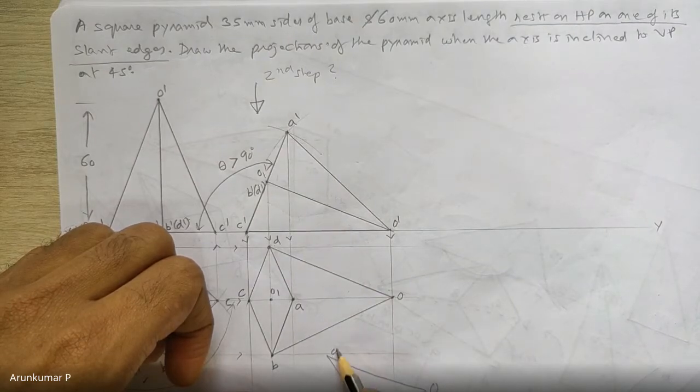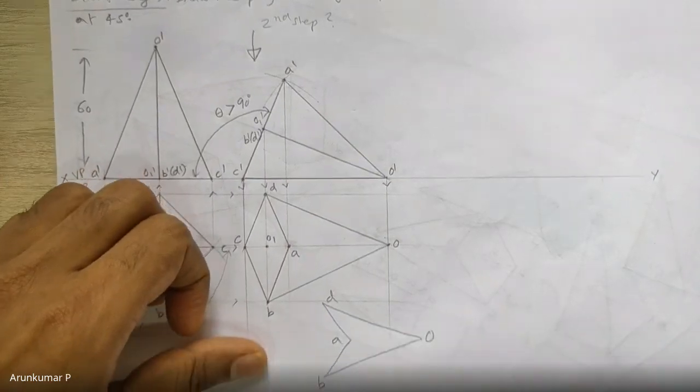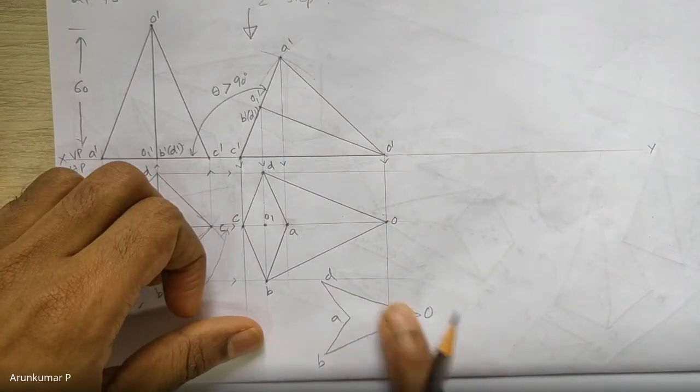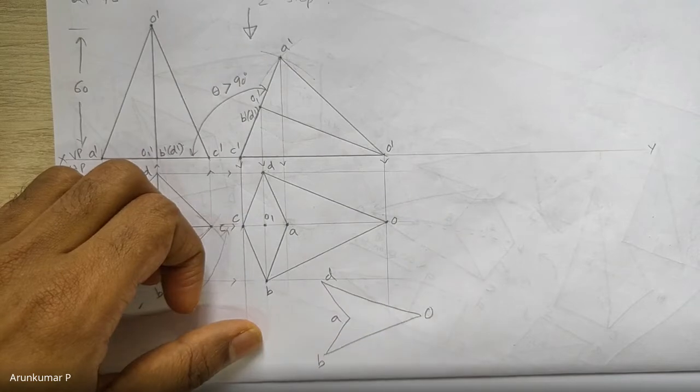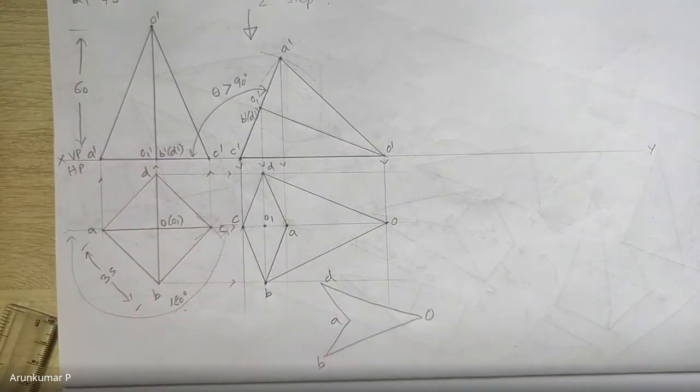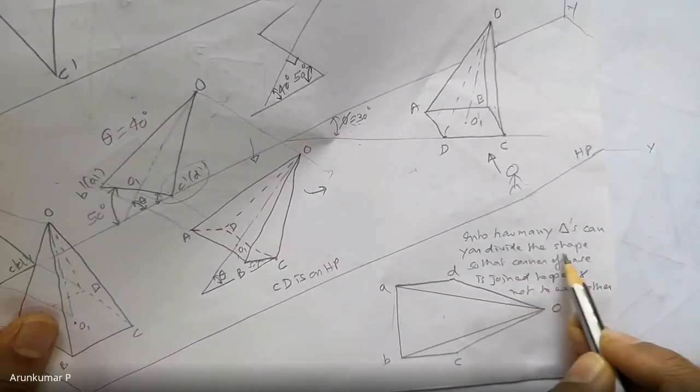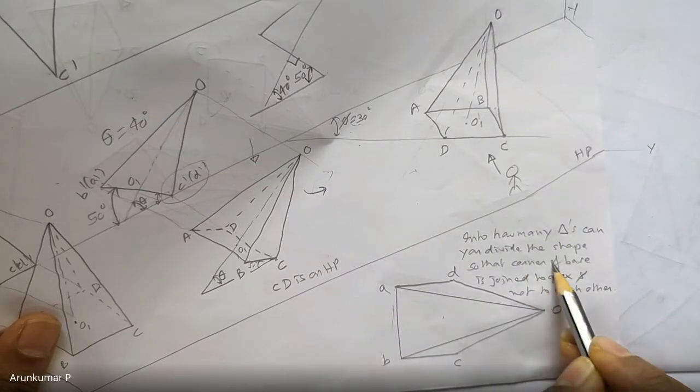O, D, A, B. This odd shape which I have redrawn here, into how many triangles can you divide it so that you are joining the corner of the base to the apex and not to each other?